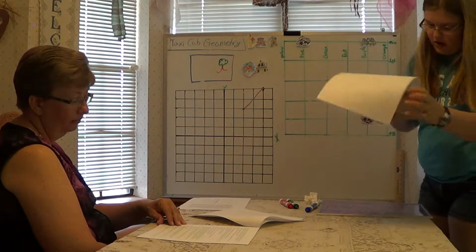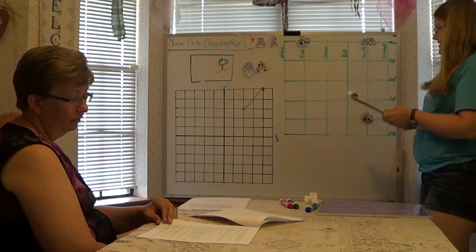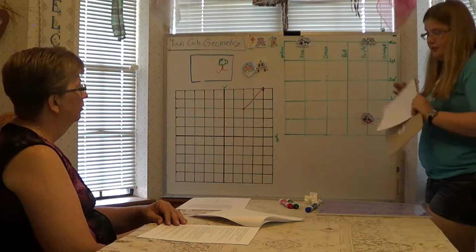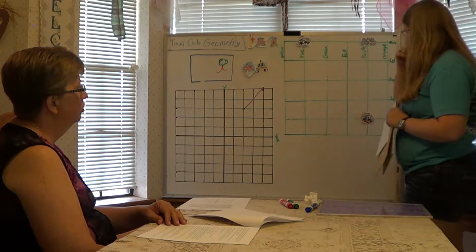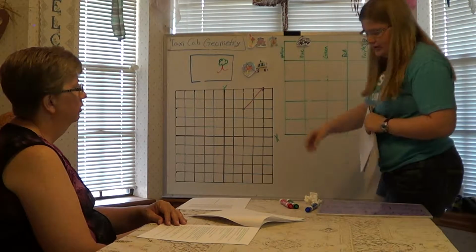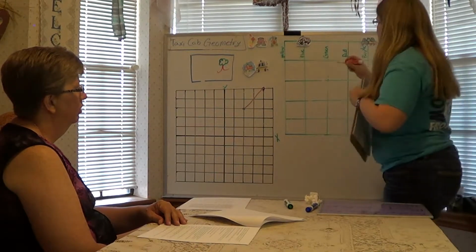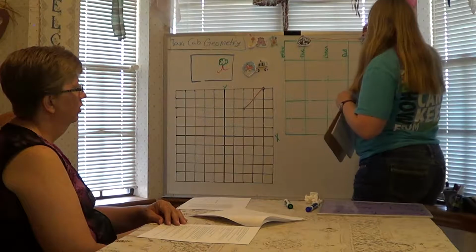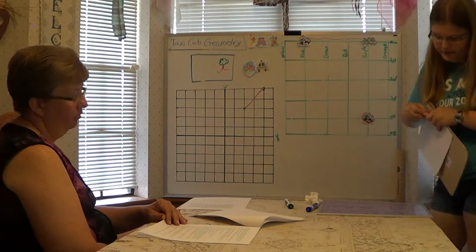So, what distance does the first police car have to travel before it reaches the accident? 1, 2, 3 blocks. Right, so it has to go 1, 2, 3 blocks, like that, okay?